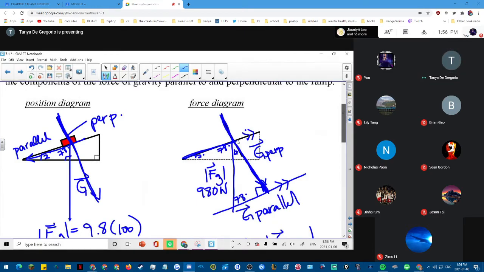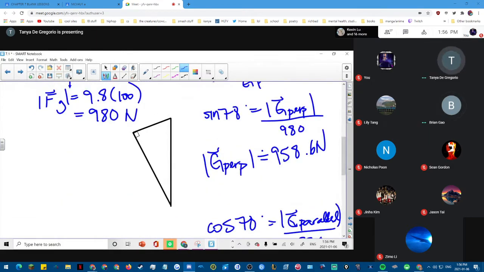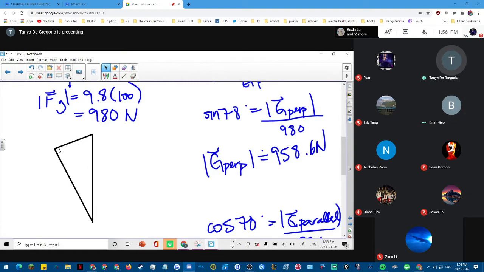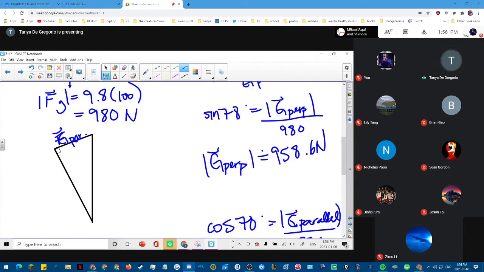Okay? Good. Miss, doesn't matter how we draw our force diagrams? It looks a little different than that. No, you can even do it this way. That's what I have this guy here for. So another way that you could have drawn the force diagram, here's my, we called it G parallel. And then here's my force of gravity.